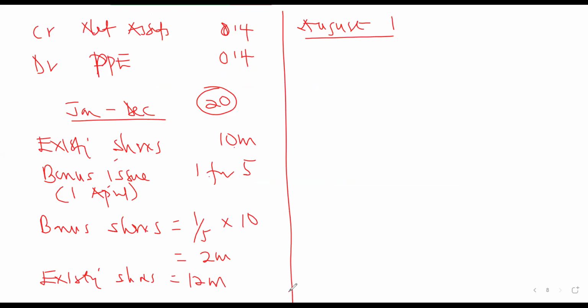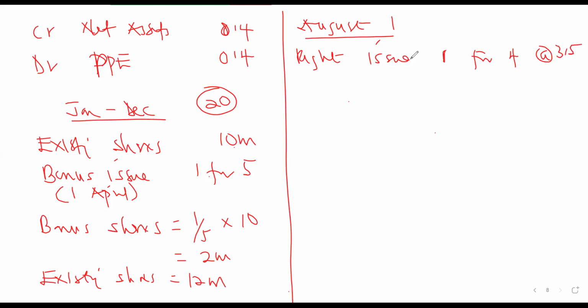Let me explain your own first, because your own is about bonus issue and a right issue. So let's assume that the right issue on this date was 1/4. Right issue was 1,144. Let's say at a price of 5 cedi, or let's say at a price of maybe 3 cedi 50 pesos.